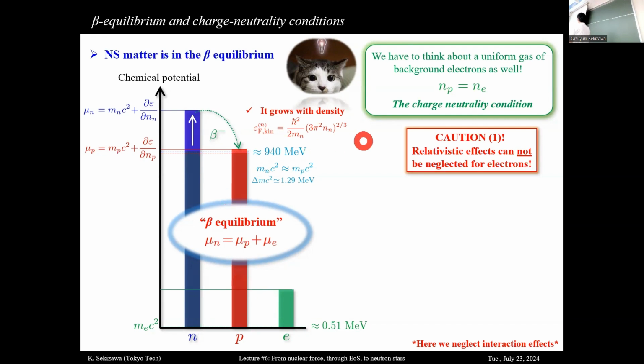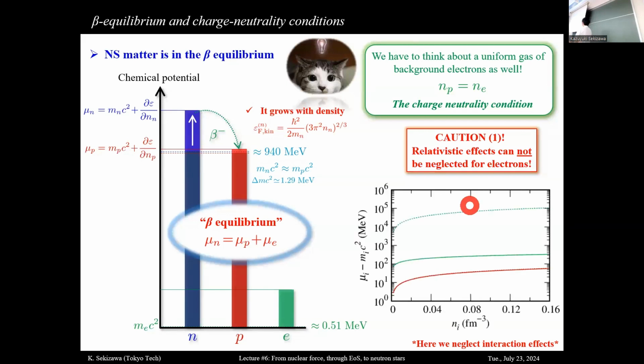Here I'd like to mention one thing. When you consider the electron gas inside the neutron star, you should use the relativistic formula. You cannot neglect the relativistic effect, and this figure indicates its importance.